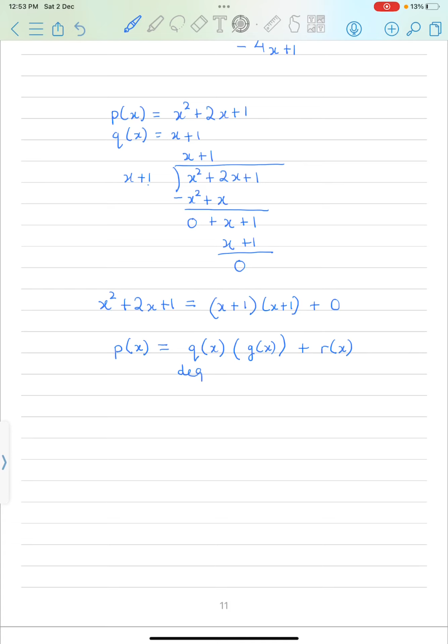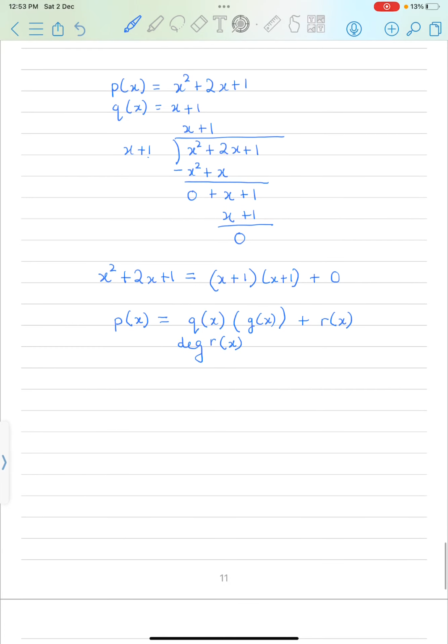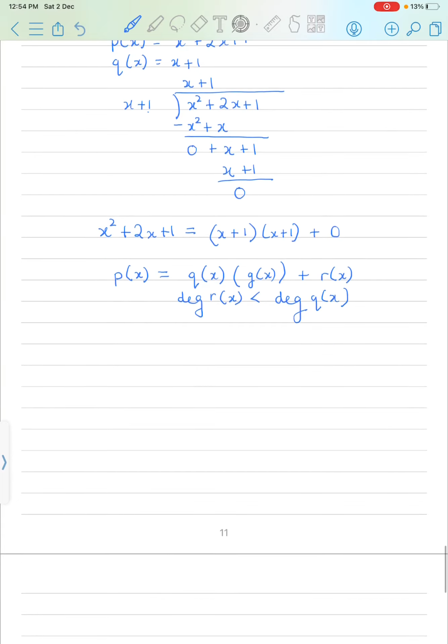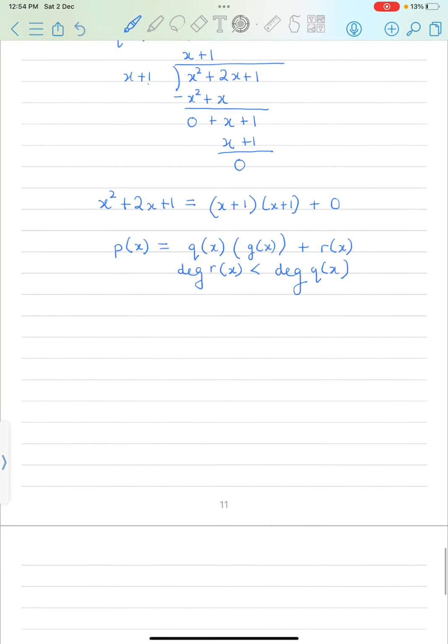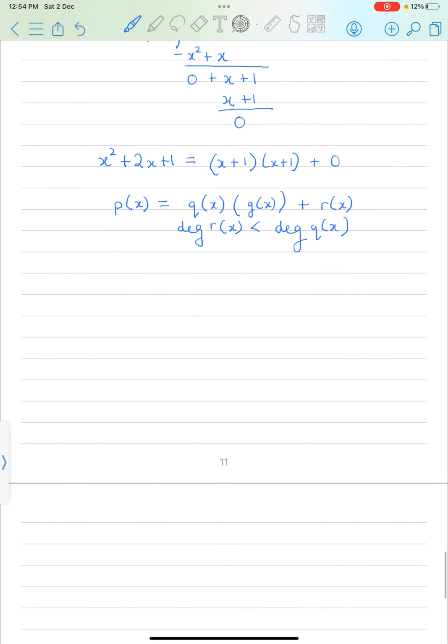Now degree r(x) should be less than degree q(x). This is how you divide a polynomial.